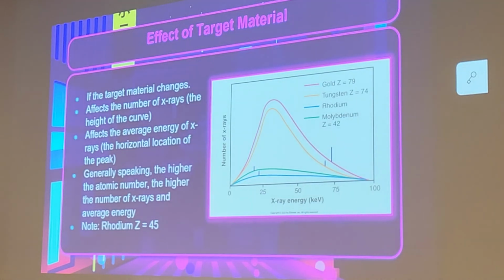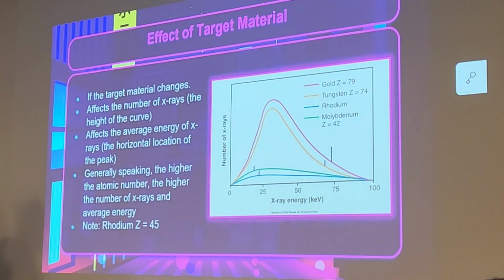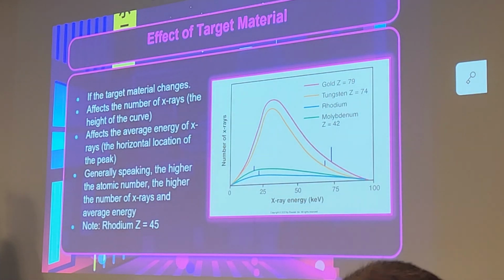Elements with a low atomic number, for example rhodium, atomic number 45, and molybdenum, atomic number 42, are not able to produce as high energy X-rays because the binding energy of the K shell is going to be much lower. So the Z is just telling you the atomic number, so you can see the pattern between high versus low atomic numbers.